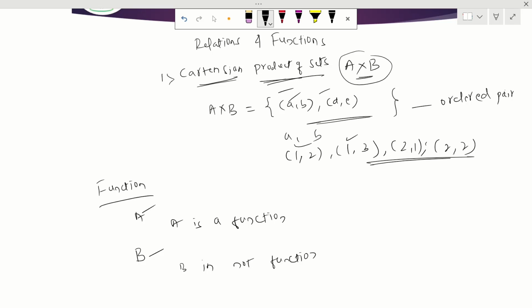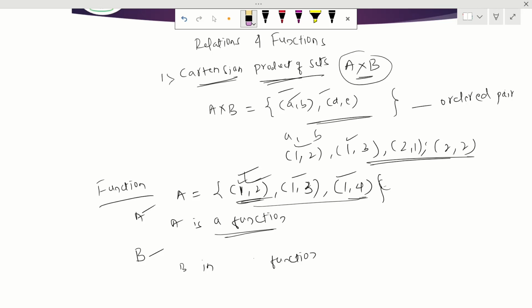When we say A is a function, the pair has a single image, which means the elements are not repeating. Here 1, 2, and 1, 3 are not repeating, so it has a single image.